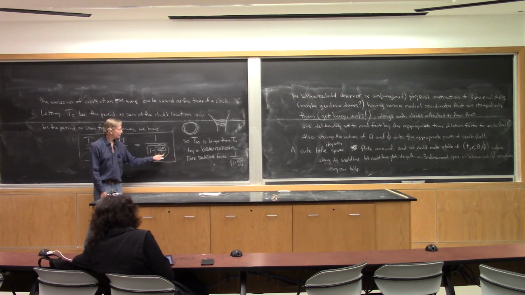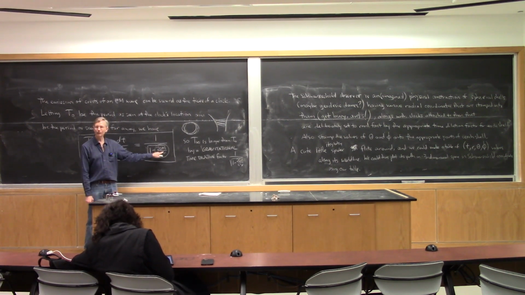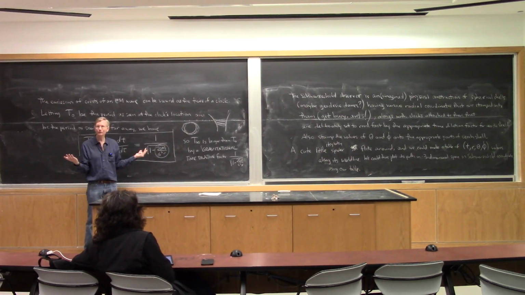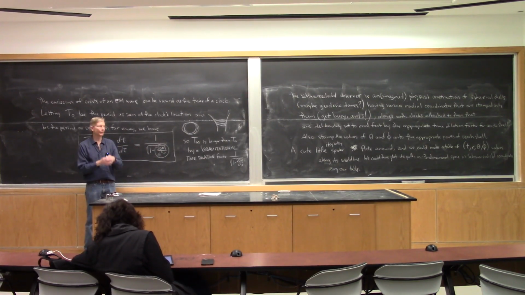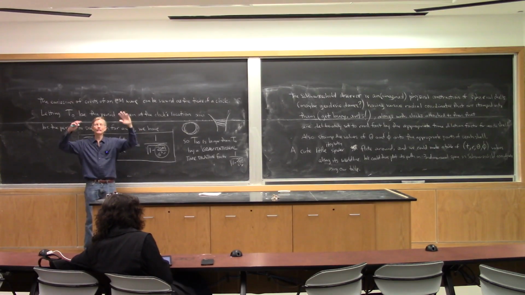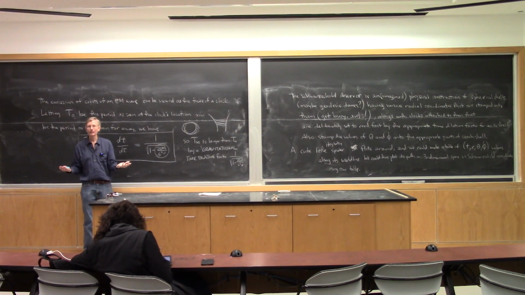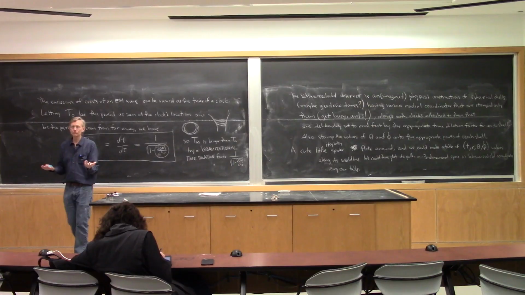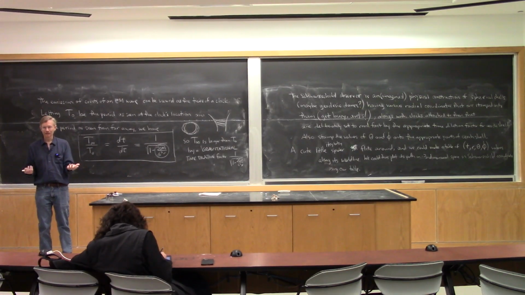The value of r that makes this equal to 1 is called the Schwarzschild radius. It's the r coordinate of the event horizon in a black hole where the time dilation goes to infinity.